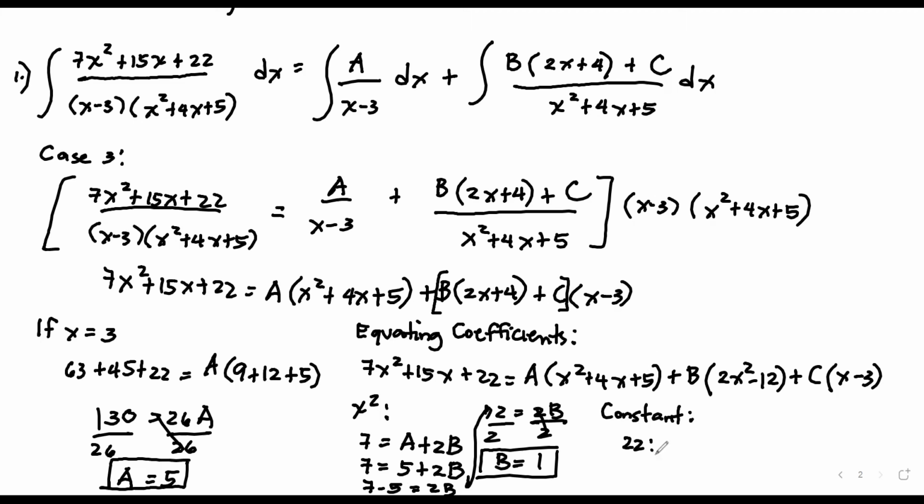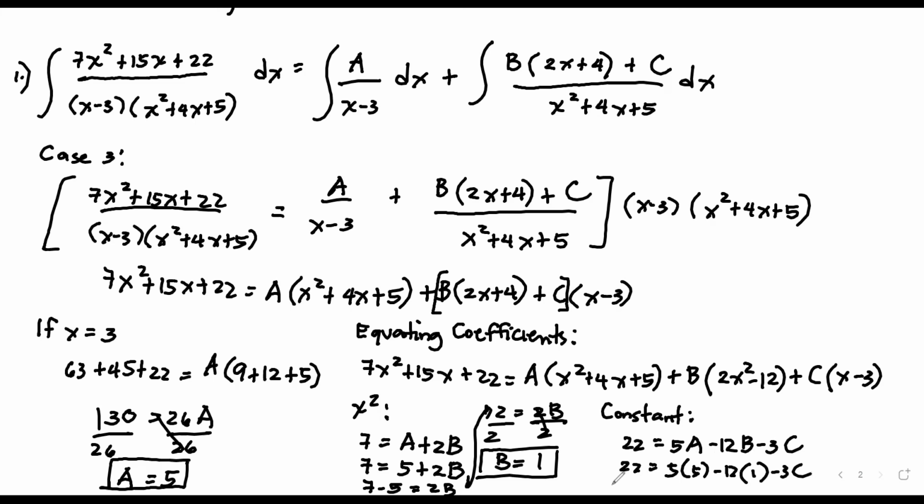Ay, sorry. 22 equals 5a minus 12b minus 3c. Okay? And then, simplify. 22 equals 5 times 5, 25, minus 12 times 1 minus 3c.